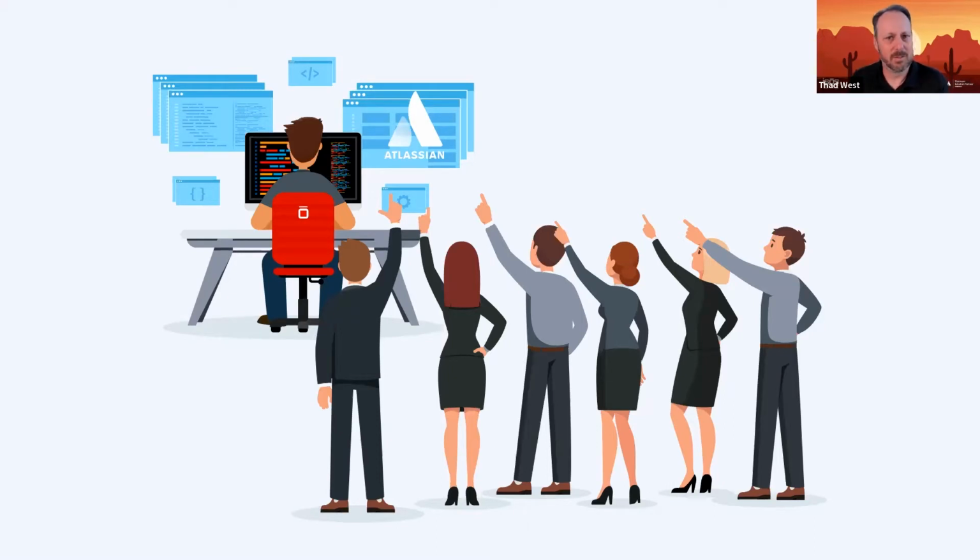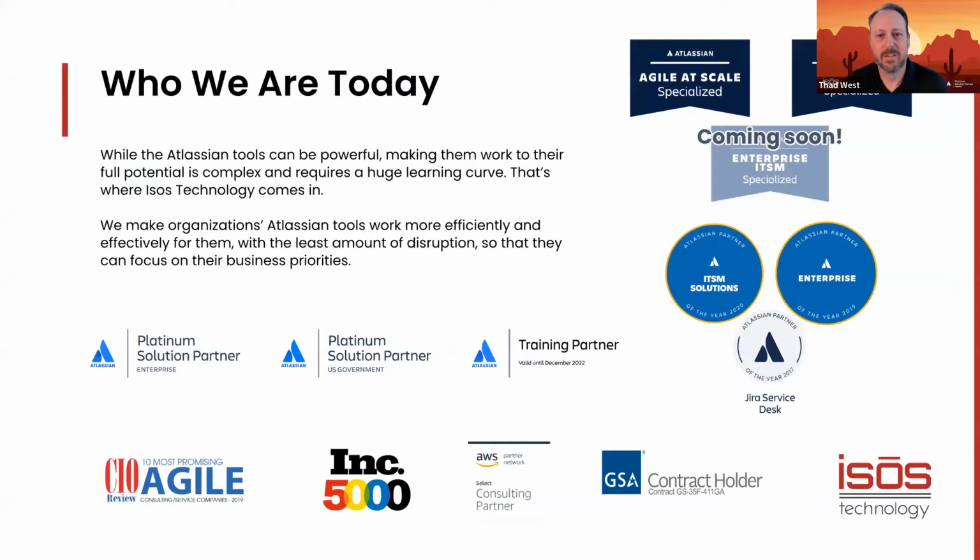We joined the program in 2008 and haven't looked back. Today we are a Platinum Atlassian Solution Partner. We are specialized with Atlassian at scale, Agile at scale. We also have our cloud specialization, and we're working on our ITSM specialization. We're 3-time Partner of the Year award winners.